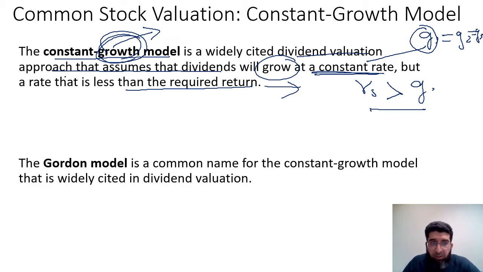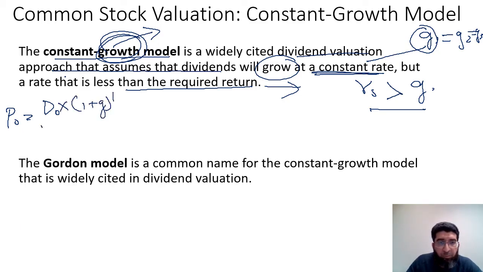So this can be put into a formula, which is D naught into 1 plus G, divided by 1 plus RS. This is the same as D naught multiplied by 1 plus G1. Now we have a growth, but growth doesn't have any subscript, which means growth remains constant.